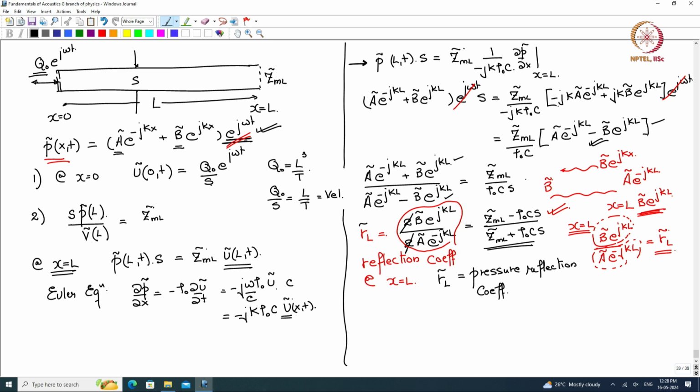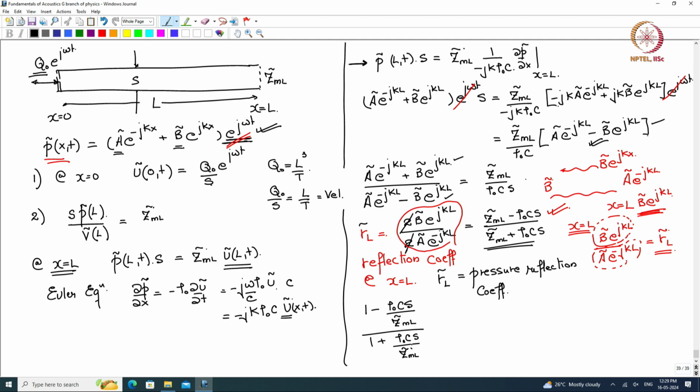Now we can see what that means. If it happens, we'll just divide numerator and denominator by z tilde ml, so that becomes 1 minus rho 0 cs by z tilde ml, then 1 plus rho 0 cs by z ml tilde.